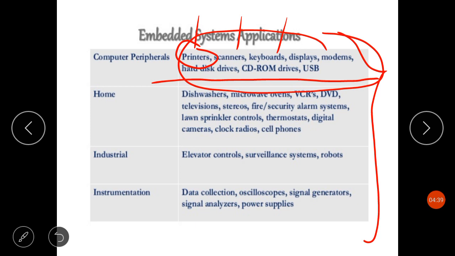So what I am trying to tell you is that, as you can see among computer peripherals, the printer is an embedded system. Inside each embedded system there is a microcontroller which is actually performing that particular operation.